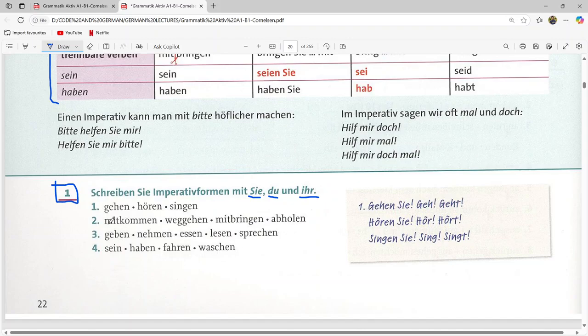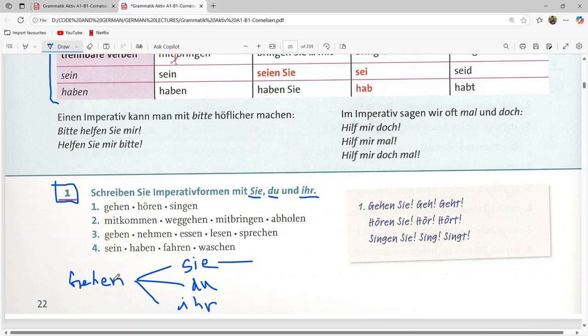Okay, so first, we have the verb gehen, and for gehen we have to write three forms. One is the Sie form, one is the du form, and the last one is the ihr form.